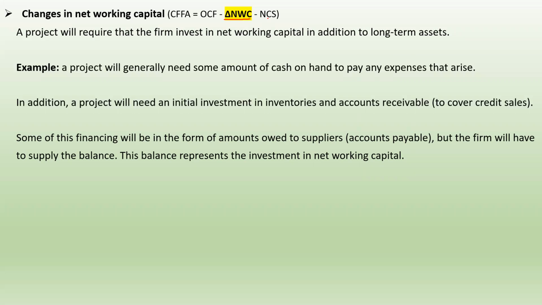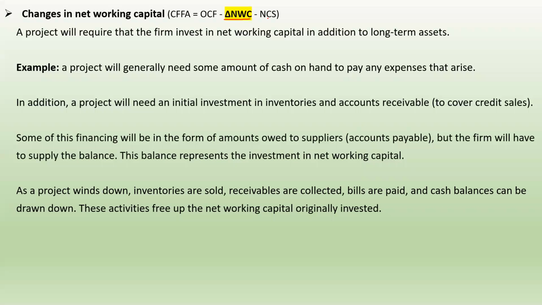We put that part in accounts payable. Those represent the investment in net working capital. As the project winds down, the inventory is sold, receivables are collected, bills are paid, and the cash balance can be drawn down. Those activities free up the net working capital originally invested.